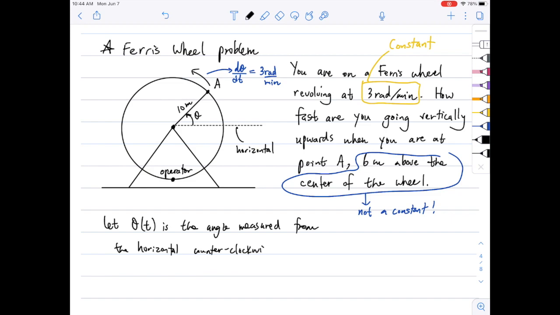I would say last year, the students who wrote this line down and the next line underneath, the students who defined the variables clearly, scored full points on this problem.